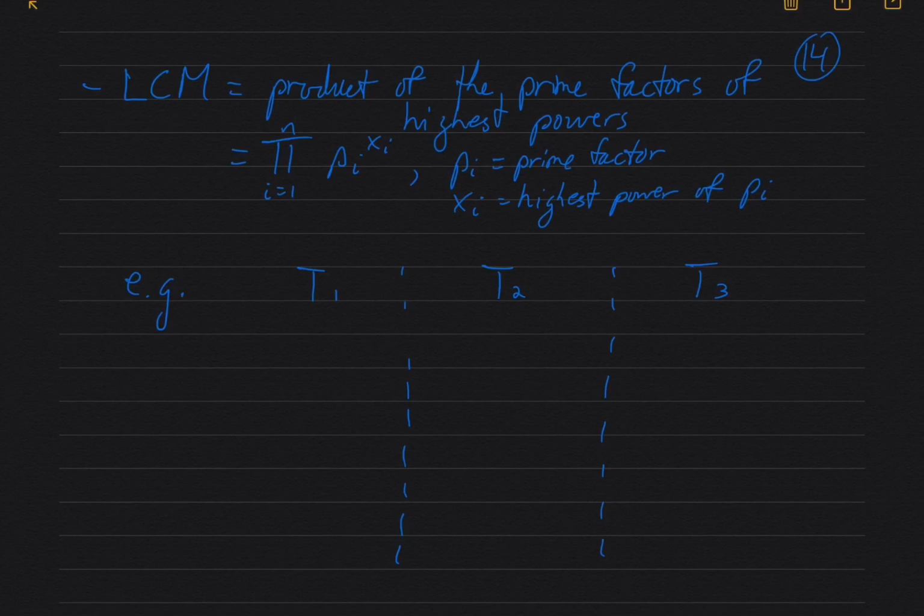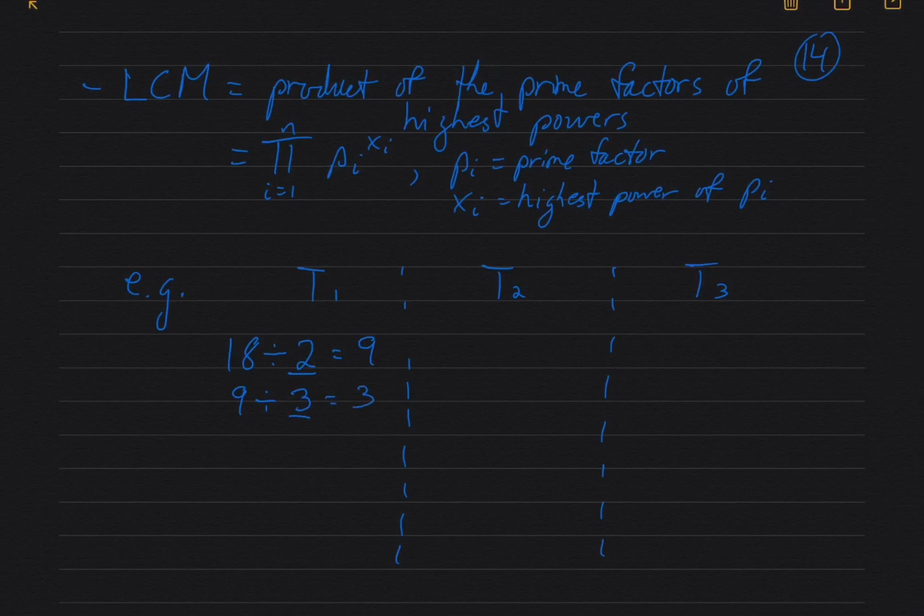And so the first period was 18. And so what we do is we find the prime factors of 18, we divide by the smallest prime that goes evenly into it. So that's 2. 2 is prime. So that's one of our prime factors. So that gives us 9. And now we take 9, the smallest prime factor of 9 is 3, so that's going to be one of our other prime factors.